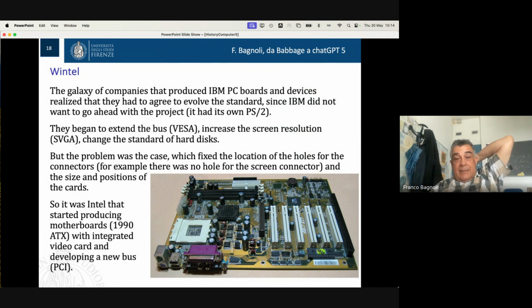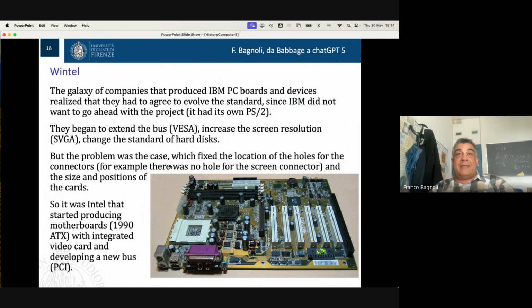And this also established where the main board had to have all connectors and so on. So Intel could produce more powerful chips, but the number of devices that could be placed on the mainboard was still ruled by the standard imposed by IBM.